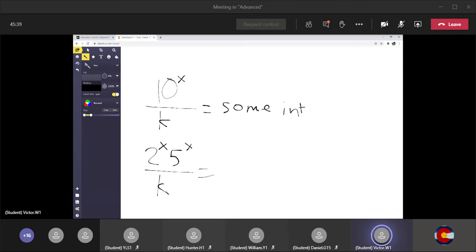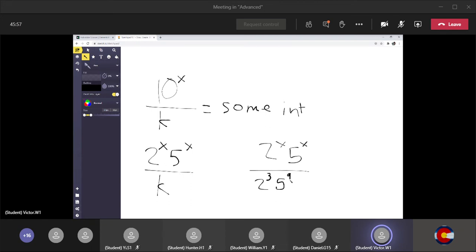So after that case, we'll think about if 2 and 5 are the only prime factors in k. So let's say we have an example like 2 to the x times 5 to the x, and k is 2 to the 3 times 5 to the 9. Then we want to know the smallest x that can reduce the entire fraction.